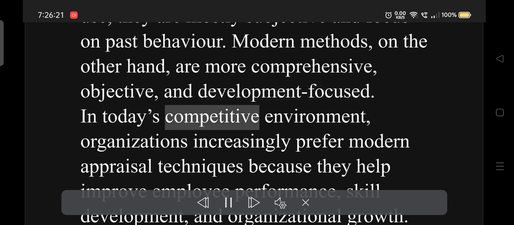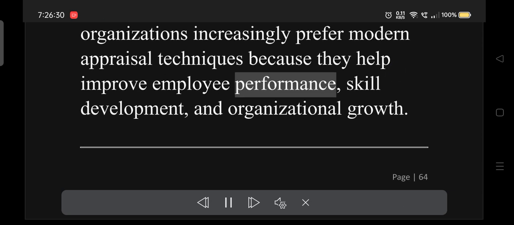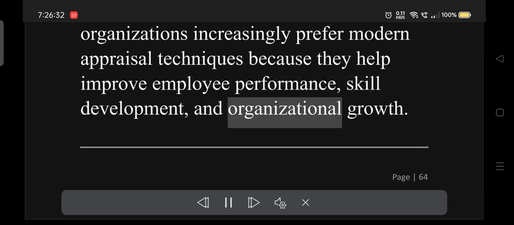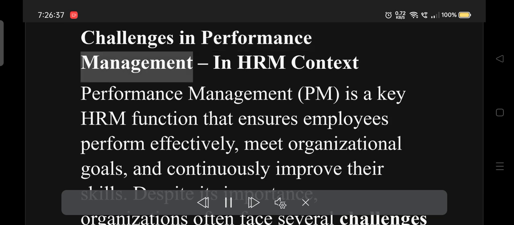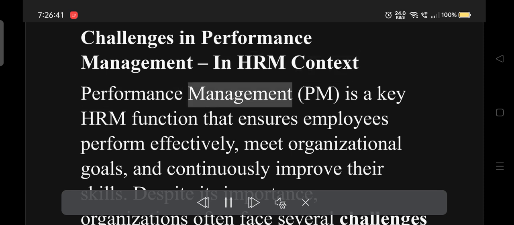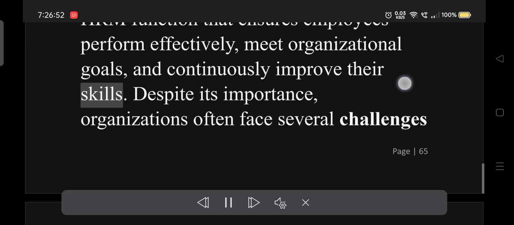In today's competitive environment, organizations increasingly prefer modern appraisal techniques because they help improve employee performance, skill development, and organizational growth. Challenges in performance management in HRM context. Performance management, PM, is a key HRM function that ensures employees perform effectively, meet organizational goals, and continuously improve their skills.